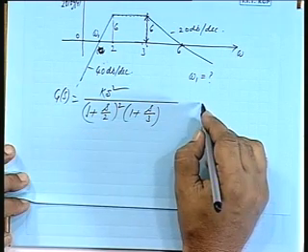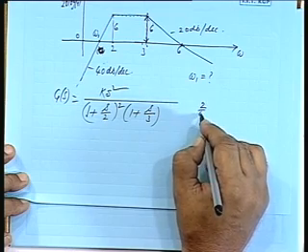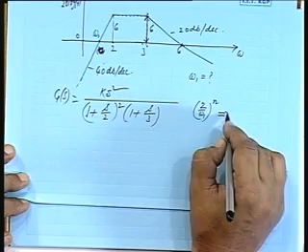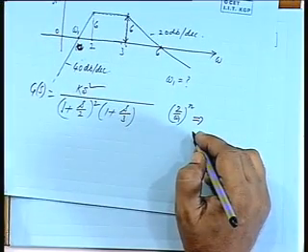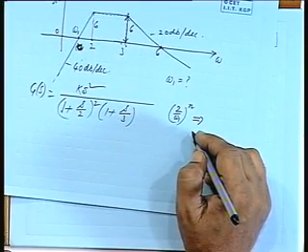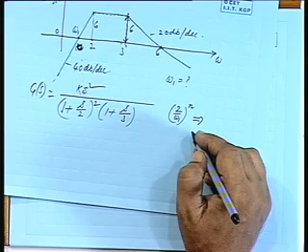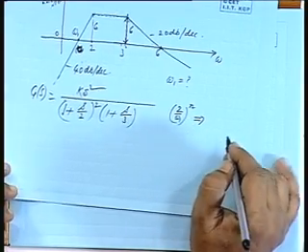Alright. So 2 by omega 1 to the power n should correspond to how much? 40 dB per decade corresponds to n equal to 2. Is it not? So what would be omega 1?